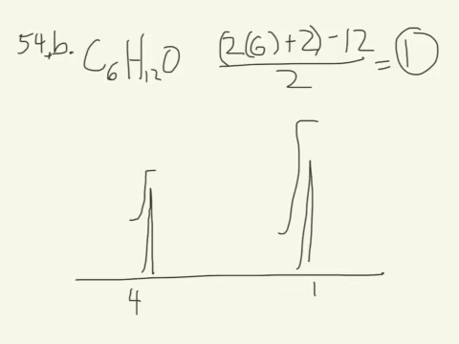There's only 2 signals, so that means we're going to have a lot of equivalent hydrogens. And from the integration, it looks like there's going to be a total of 9 over here and 3 over here.